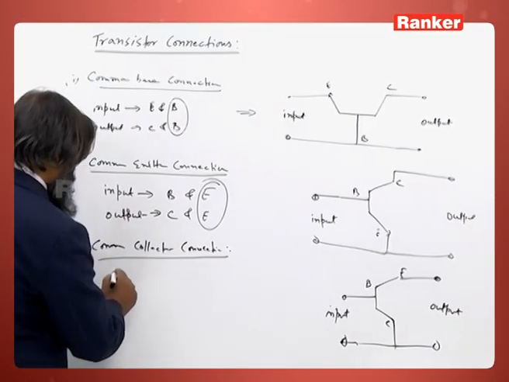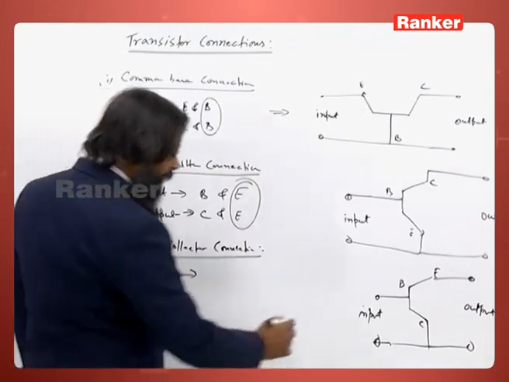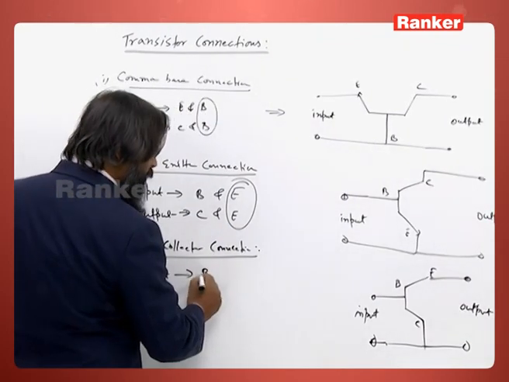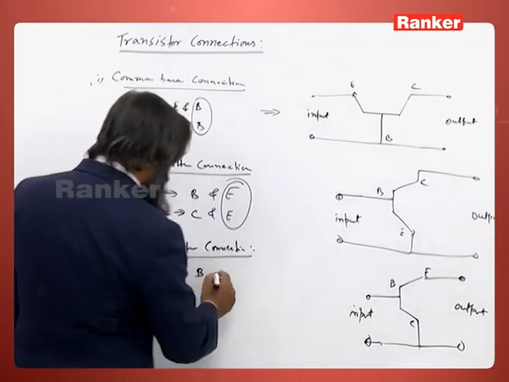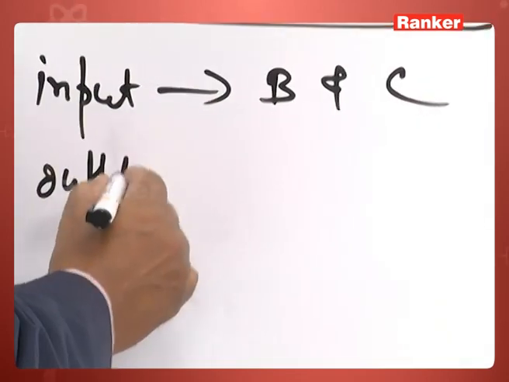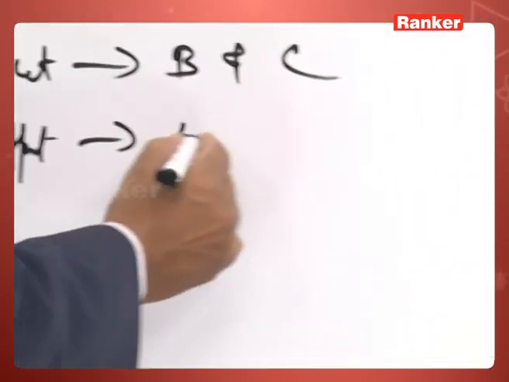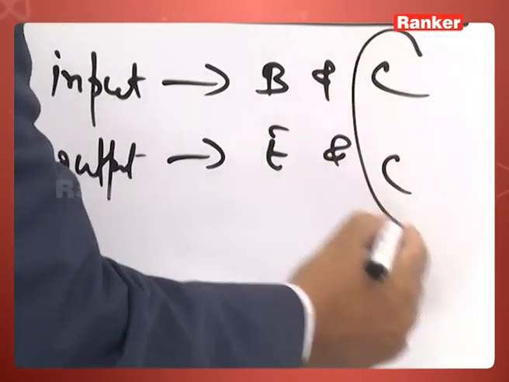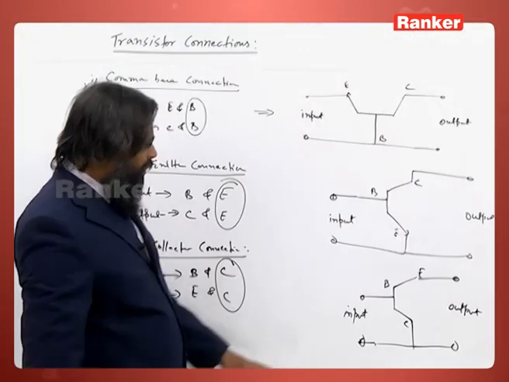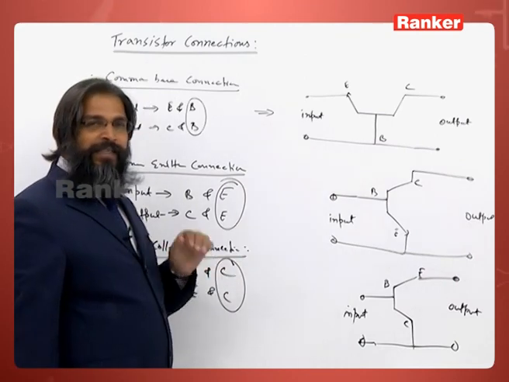So, input is given over base and collector, and output is taken over emitter and collector. So, this collector is the common. This is the common collector connection.